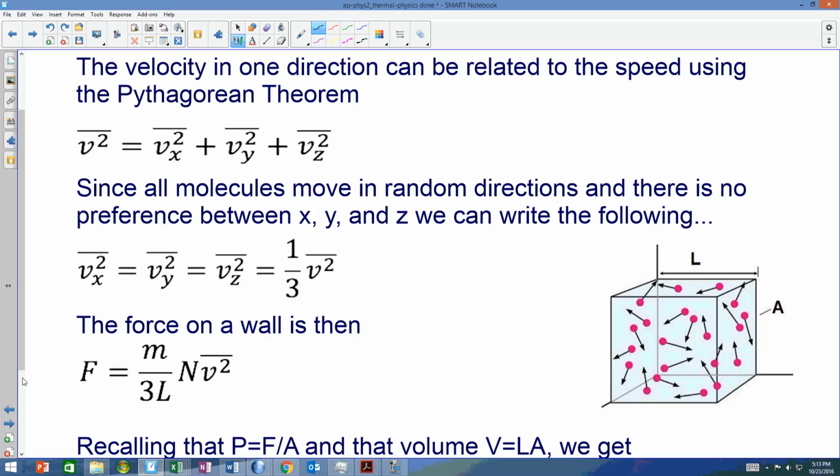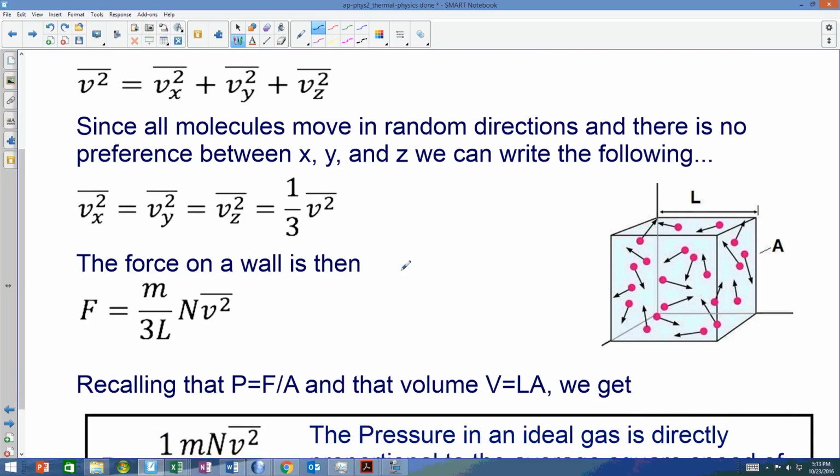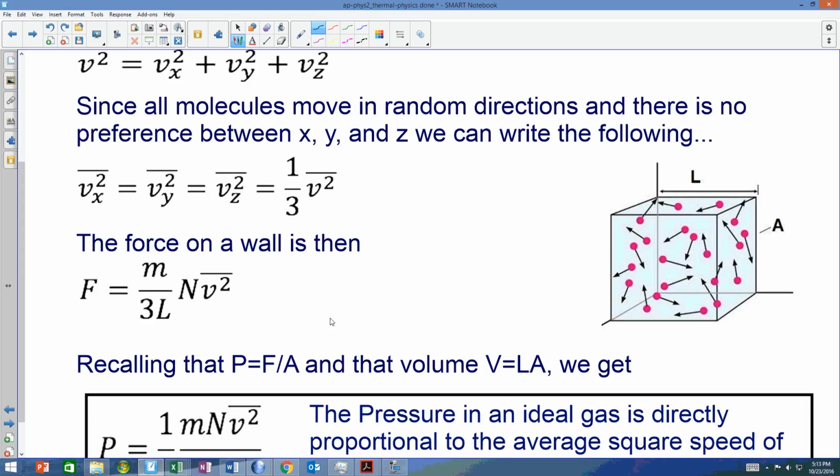Because there are all random directions, each piece is going to be 1/3 of the total speed squared. It'll travel 1/3 in the x, 1/3 in the y, 1/3 in the z. So we can replace this Vx squared with 1/3 V squared, where V squared is the average speed squared of all of the molecules that collide with the wall.